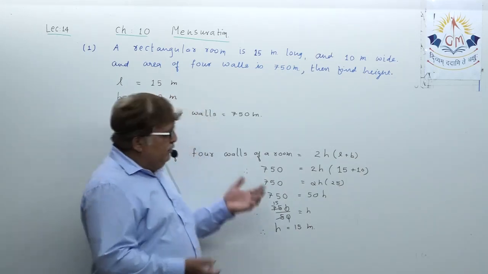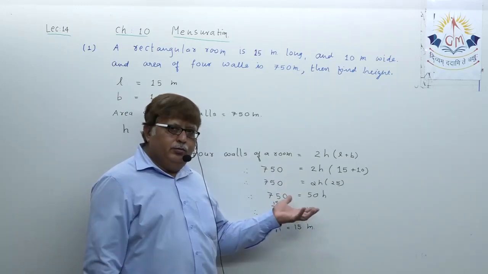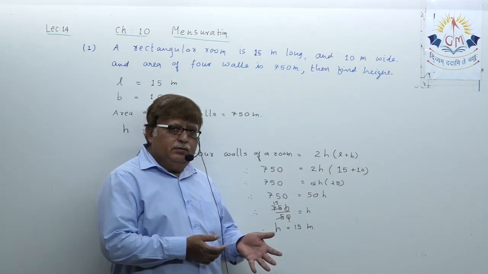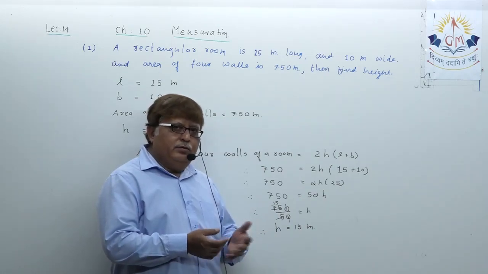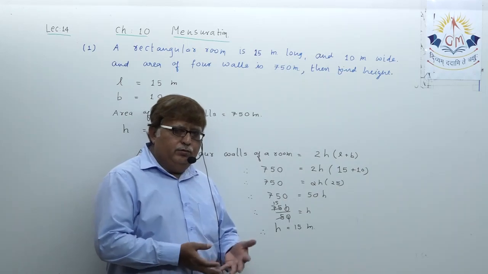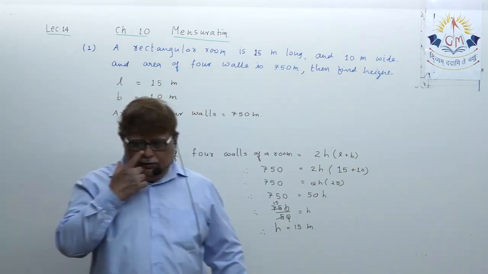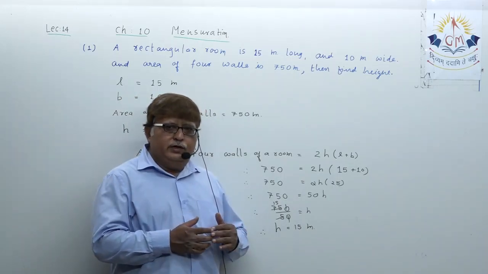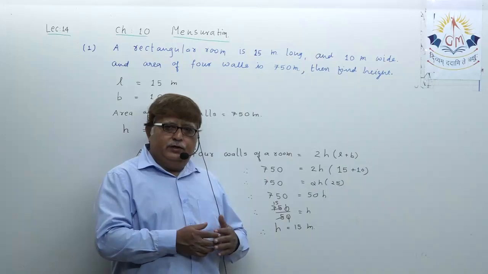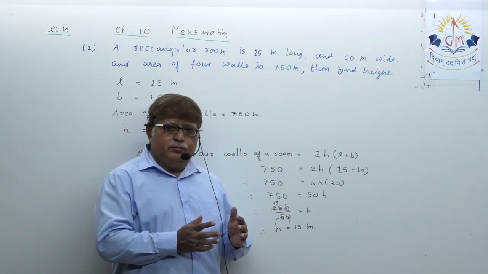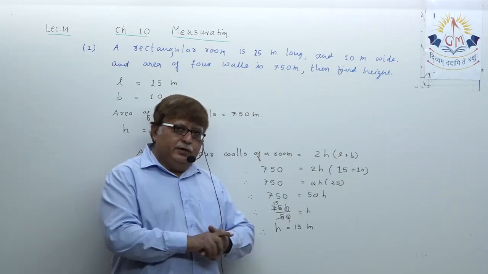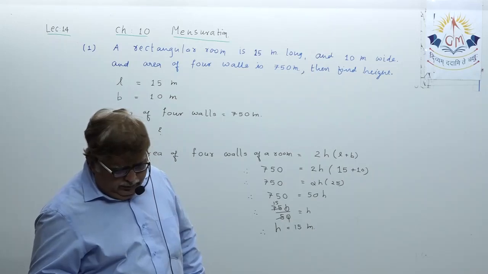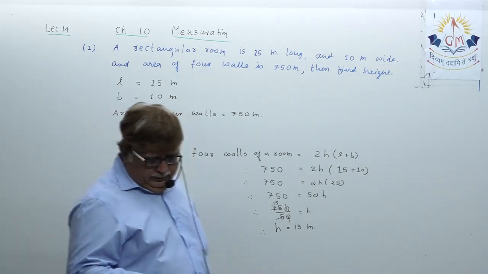One example may be of a cuboid, one of a cylinder, one of a trapezium, so they are going to vary. Don't stick to the topic, because we have covered topic-wise lectures up to lecture number 13, and this is not like that. So examples may vary from topic to topic. Is this clear in your mind?